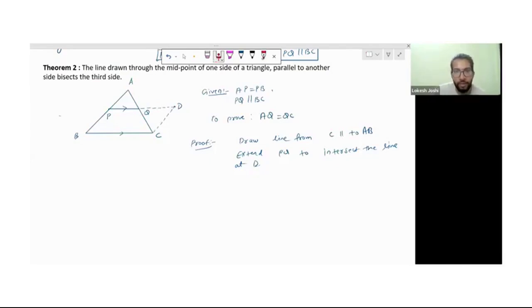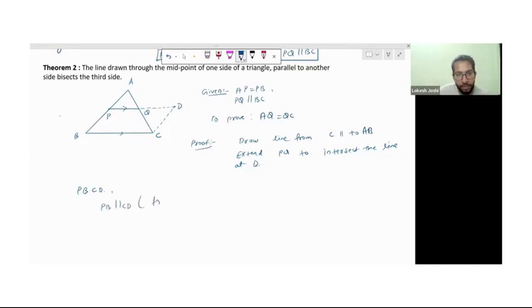Okay, so for that, now look into the quadrilateral PBCD. So in this quadrilateral, what do we have? We have PB parallel to CD.